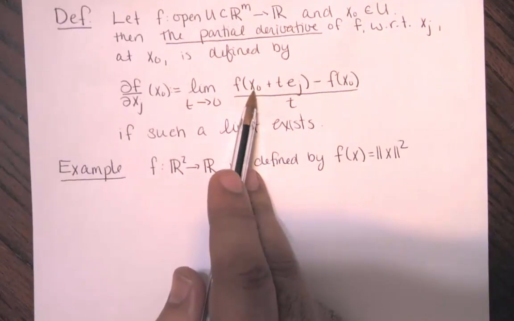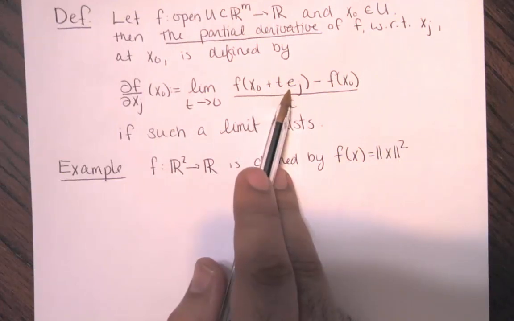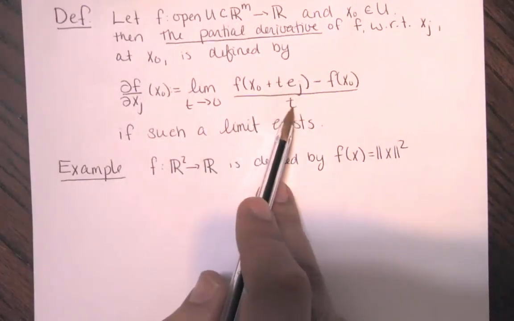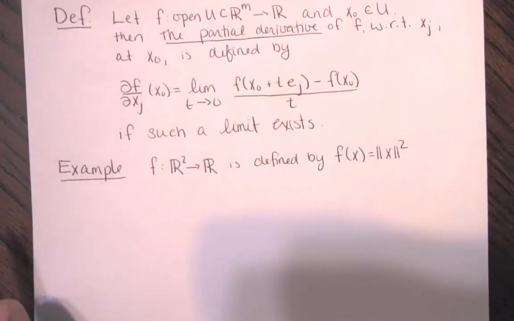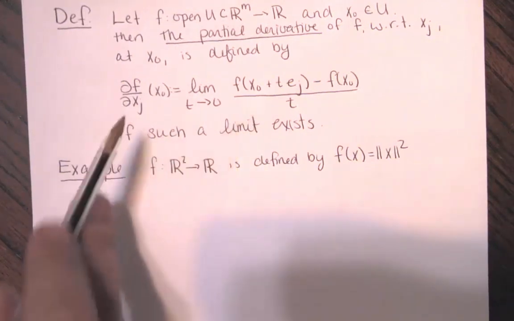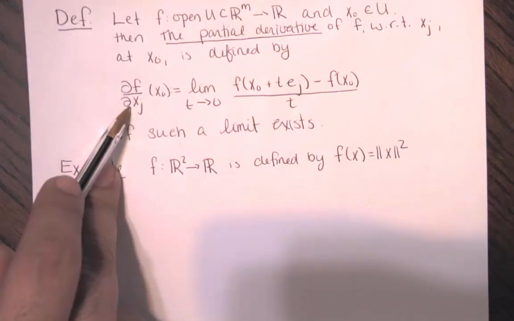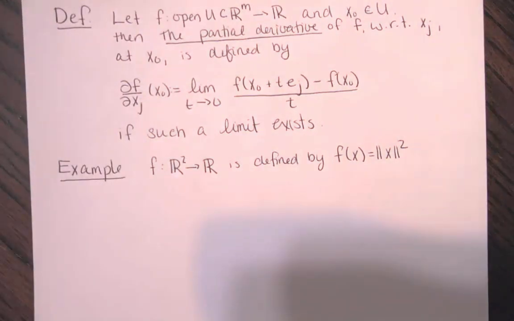Notice that this is the change in f as x naught moves in a particular direction, specifically the jth canonical direction, divided by this change, which is measured by t. So if this limit exists, then that is the partial derivative of f with respect to the jth variable x, evaluated at x naught.